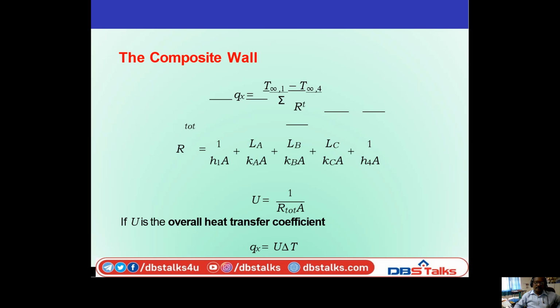Generally, using this overall heat transfer coefficient, we find the heat transfer in composite walls or in complex situations where there is conduction, convection and radiation.